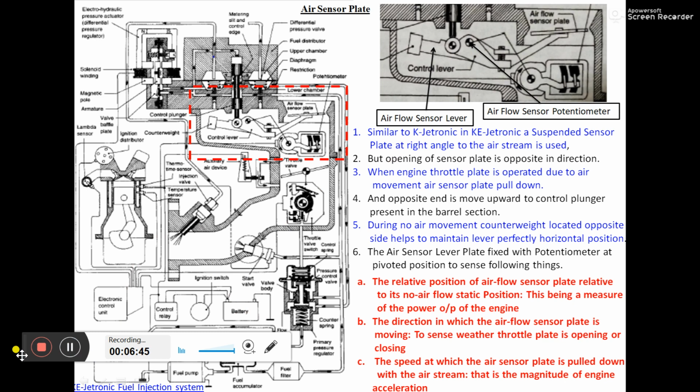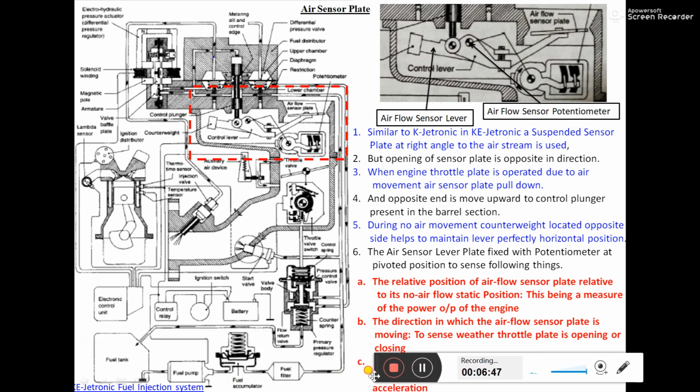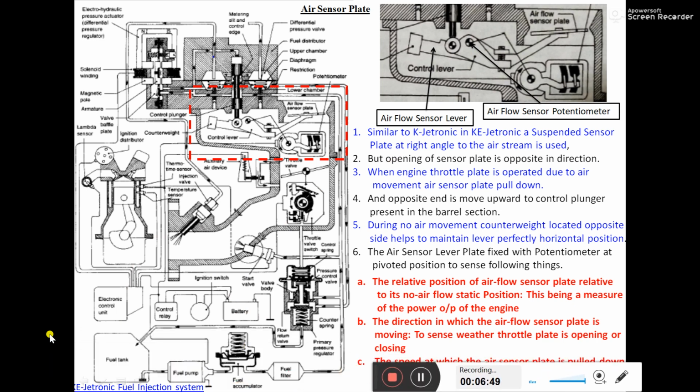Okay, so the ECU will decide on that basis. The ECU will decide the rate of acceleration or rate of deceleration.